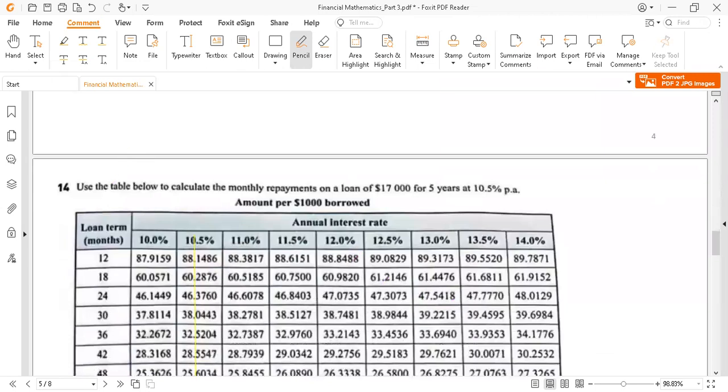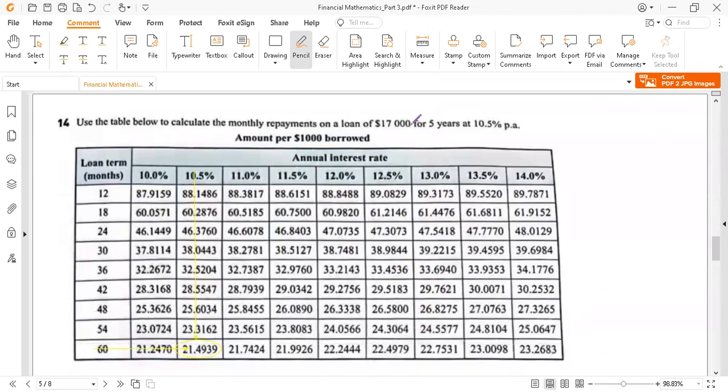For example, we have here the table showing how to calculate the monthly repayment on a loan, the amount per $1,000 borrowed. We have different loan terms like 12 months, 18 months, 24 months, for different annual interest rates, starting from 10% up to 14%.